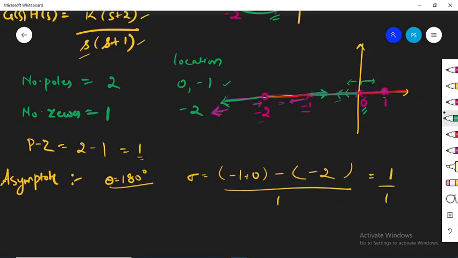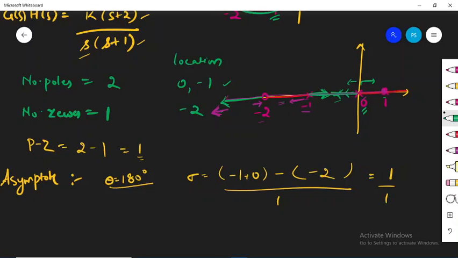So now you know, if they are moving towards each other, they'll be meeting at a point. That means the two poles will be merging at a point, and then the only option they have is to break away.